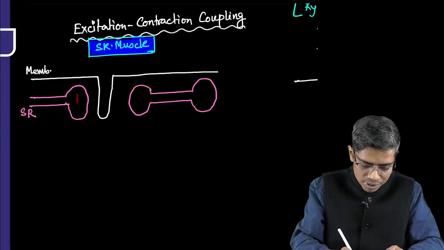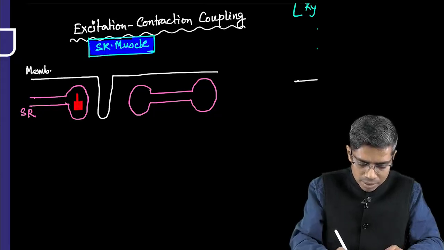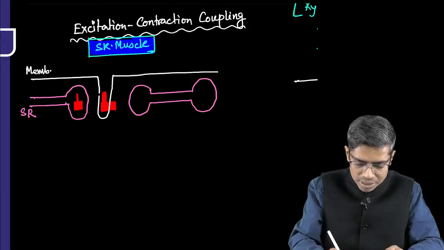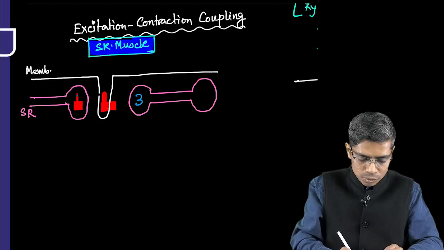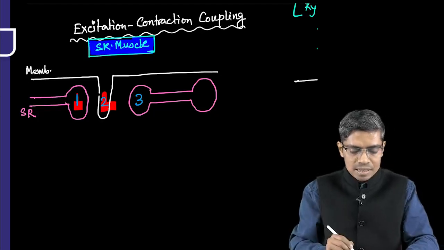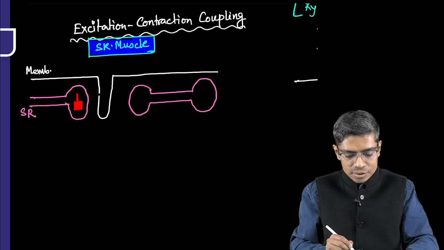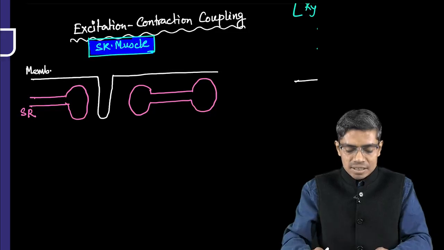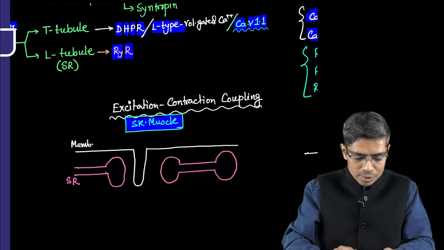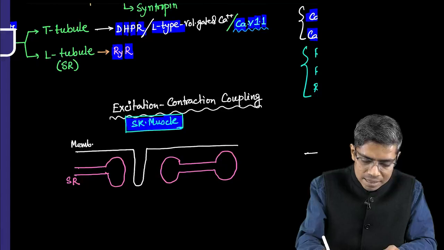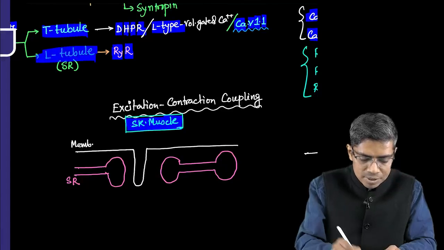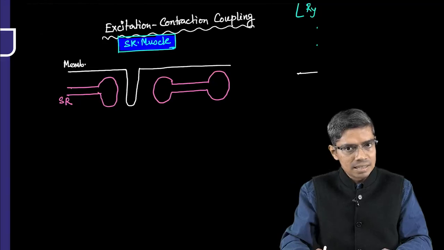That means this is one cisterna, then number 2 is the T tubule and number 3 is another cisterna. So 1, 2, 3, it is forming a triadic junction. That's why we say that in skeletal muscle, there is a triadic junction between L and T tubule. So these L tubules and T tubules form a triadic junction in skeletal muscle.